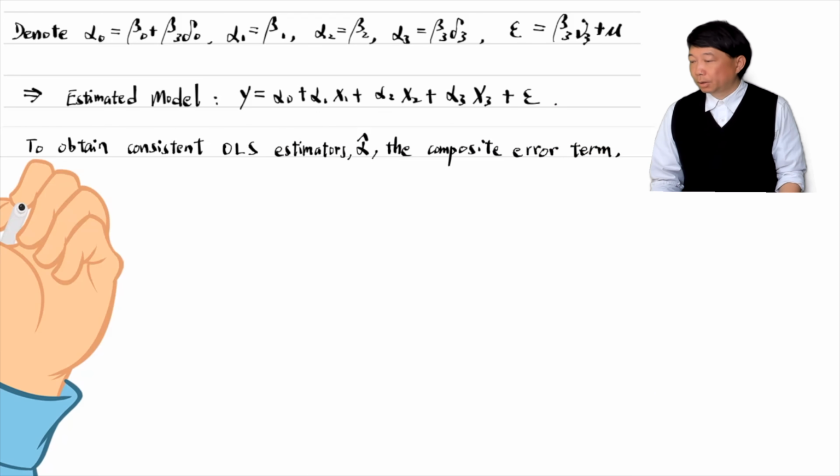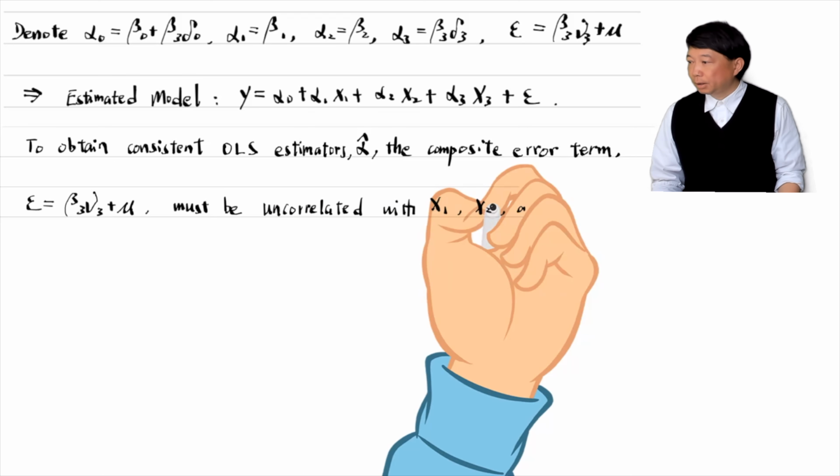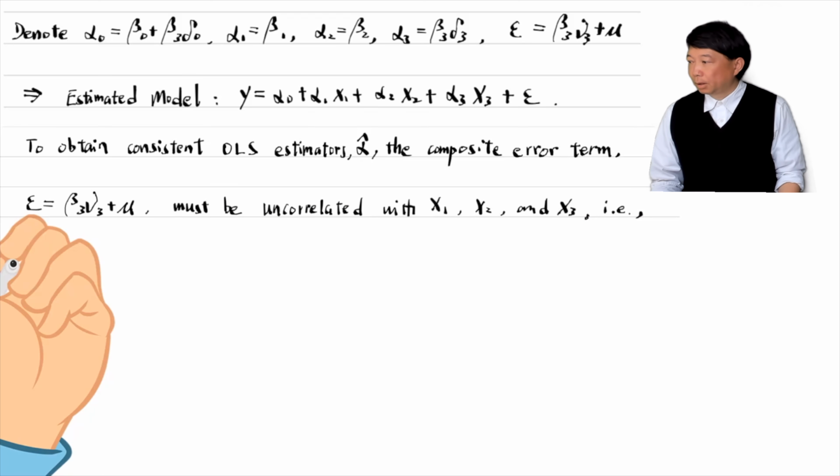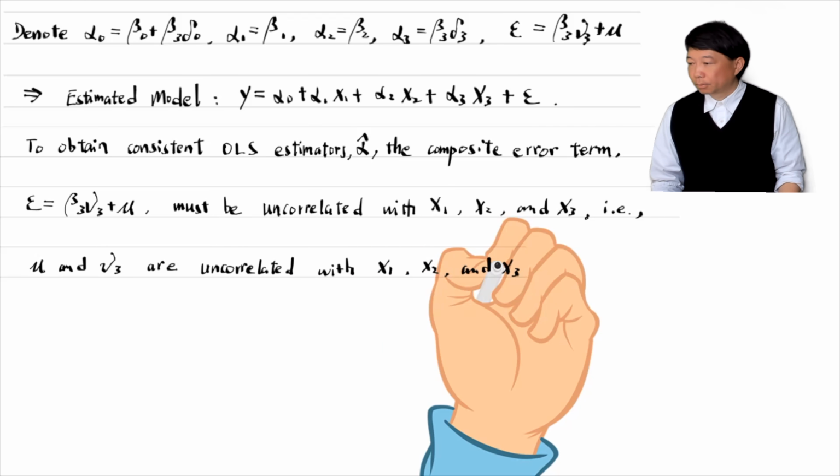This conclusion is based on the assumption that the error term in the estimated model is not correlated with all the explanatory variables. Epsilon is a composite error term that can be written as a function of the error in the true model mu and the error in the proxy variable equation nu3.